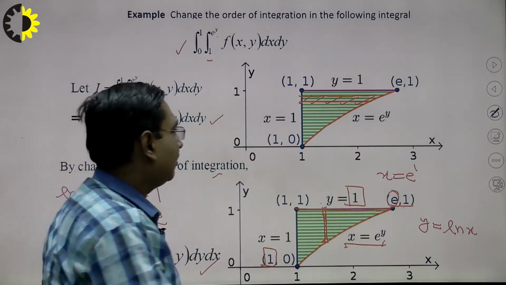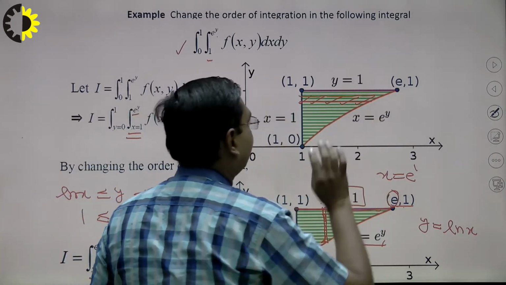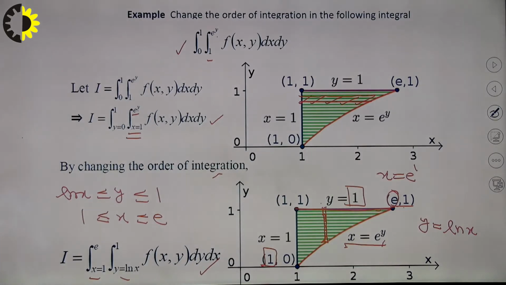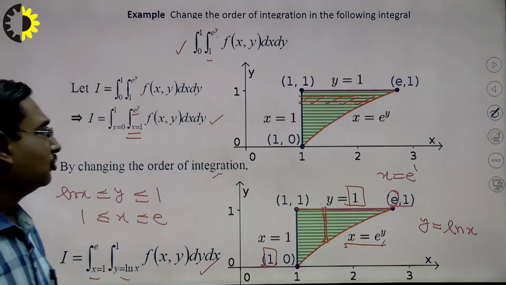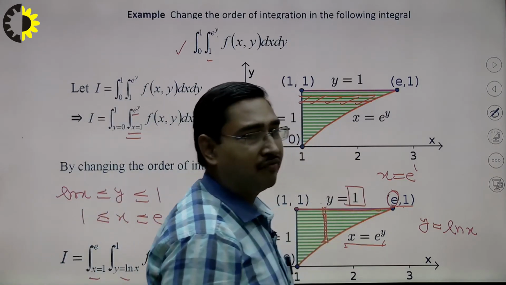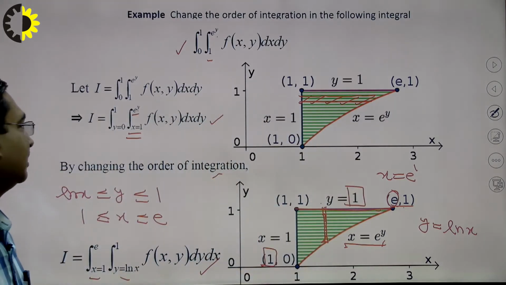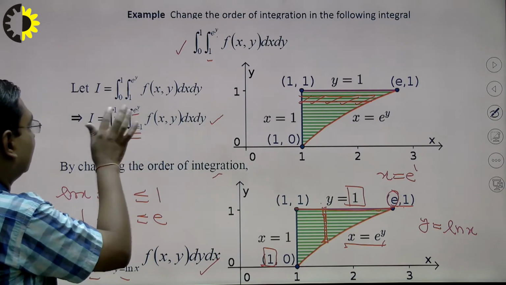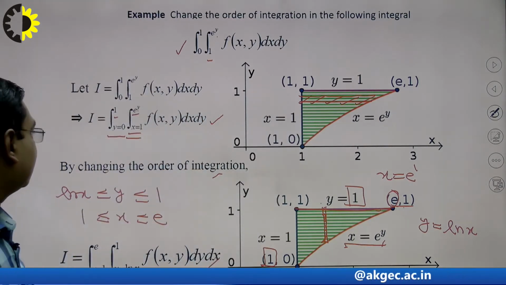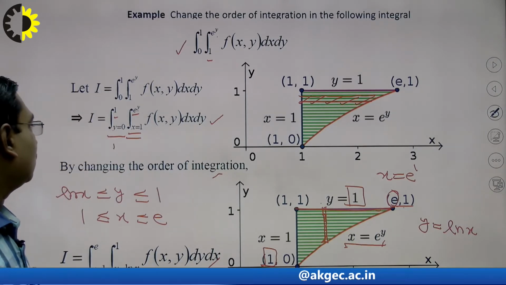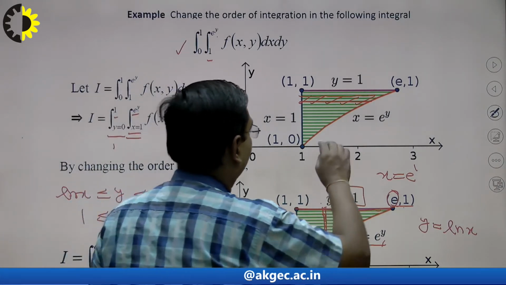The region between this line and this curve is to be considered, but the region is extending up to infinity, and therefore, to ensure what finite region is to be considered, we shall see the limits of y.